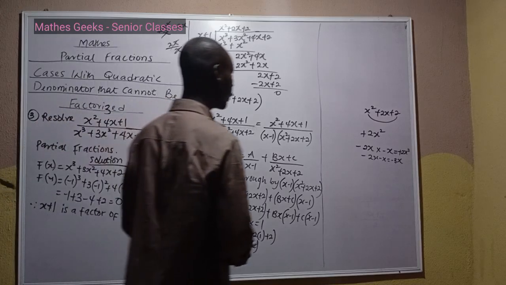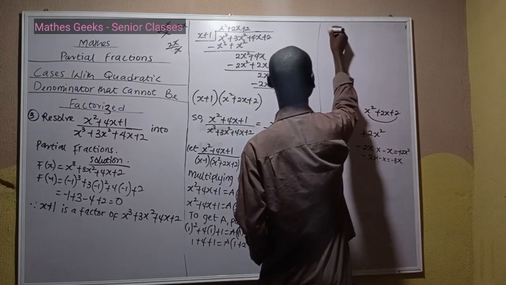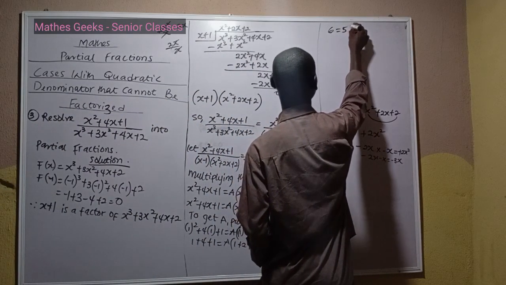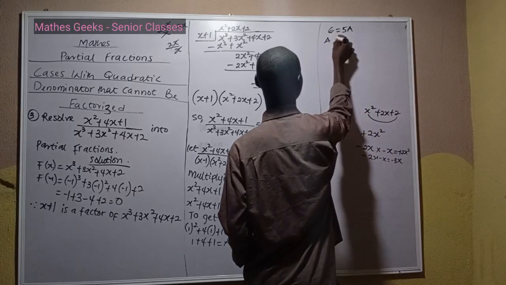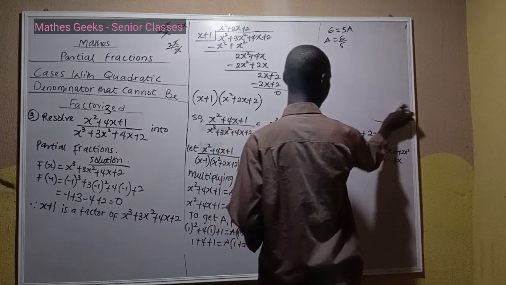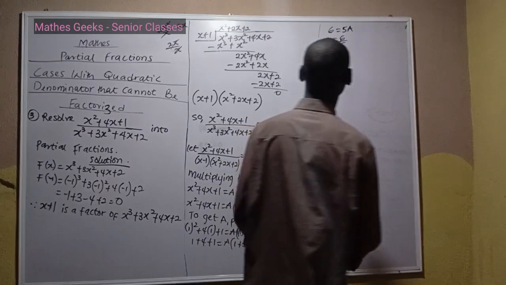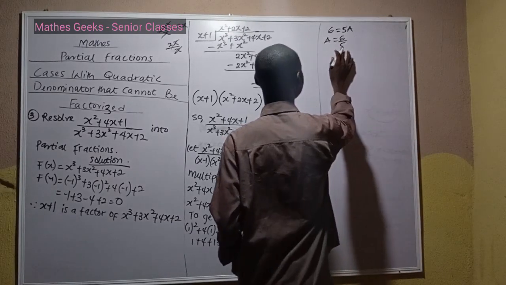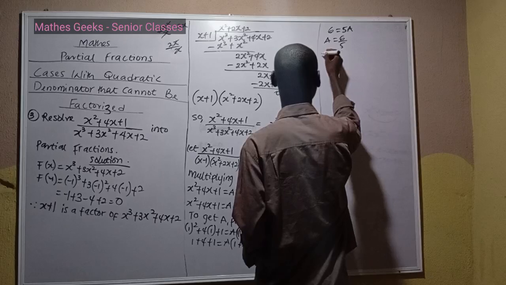So it's equal to 6 on this side, and 5 on this side. So a is equal to 6 over 5.